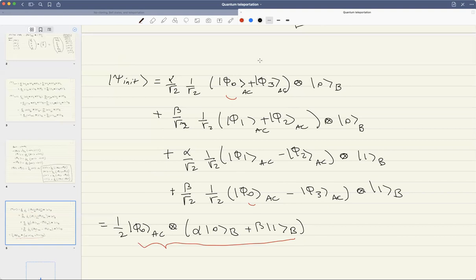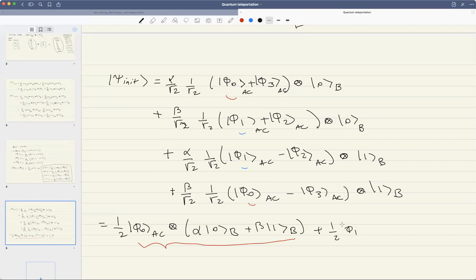Then I play a similar game with, let's say, phi 1. So again, phi 1 appears here and here. So what does it give me? Well, again, another 1/2 from these 1 over square root 2s.